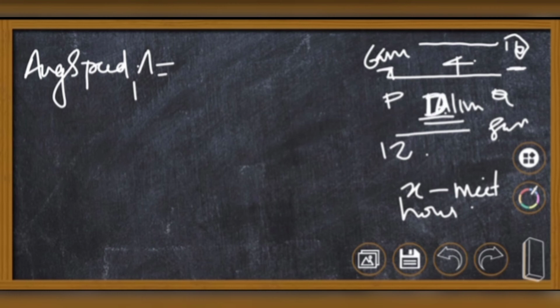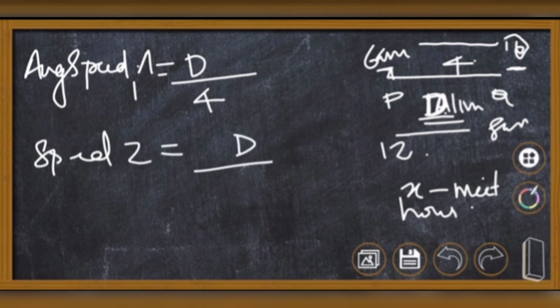And what is the time taken? 4 hours. So d by 4 will be the average speed of the first train, and the speed of the second train will also be d by 4.